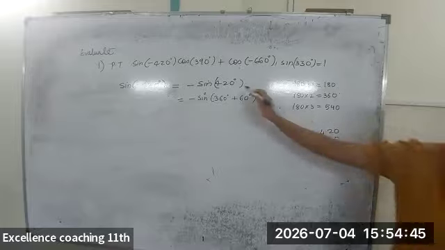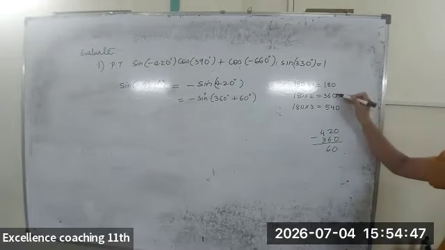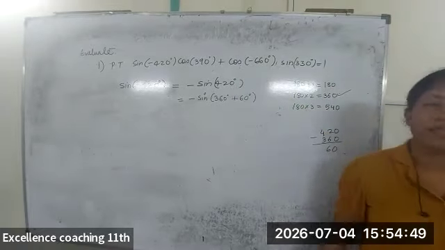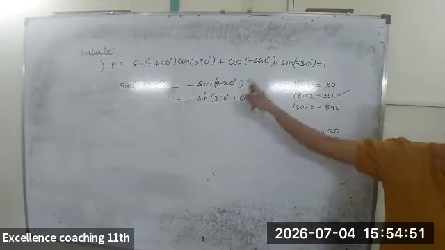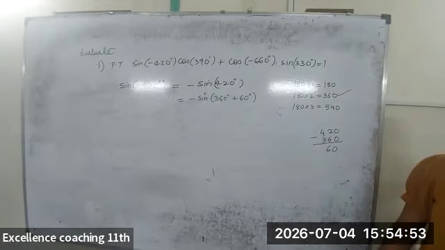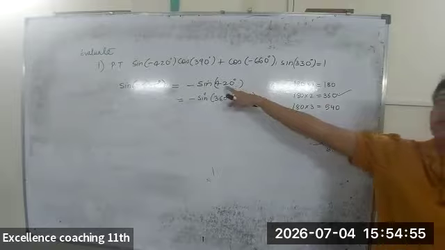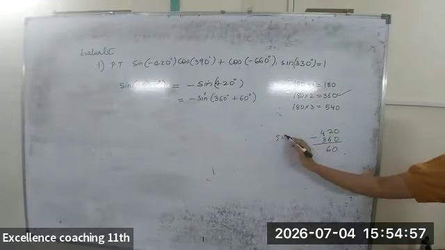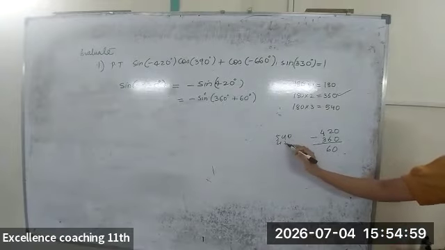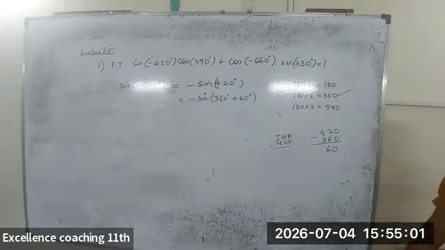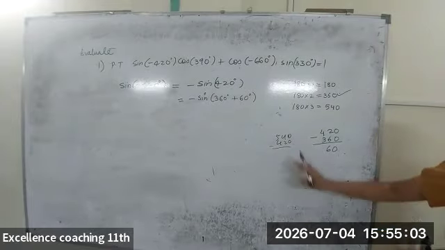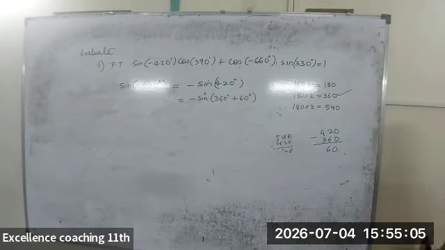Look for the closest number. So this is the closest number to 420 between this and this. Because if you subtract 420 from 540, you'll get a bigger number. You will get a difference of 120.